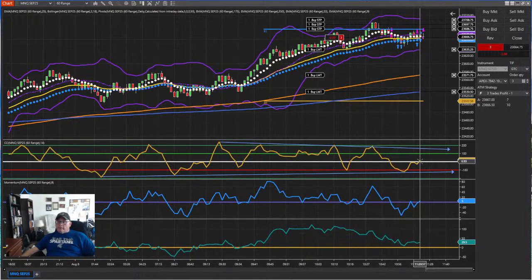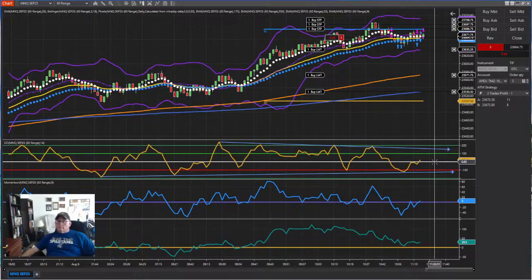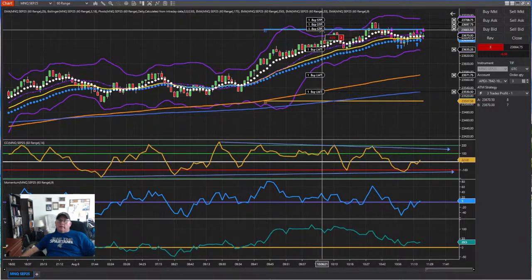Not a great sell signal there. $11.24. Be a $200 loss if I take all these.